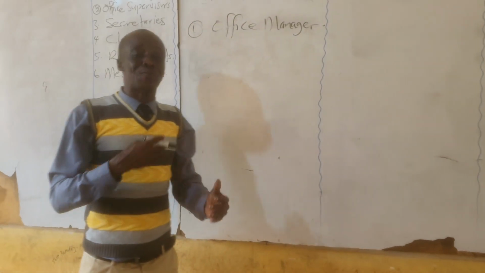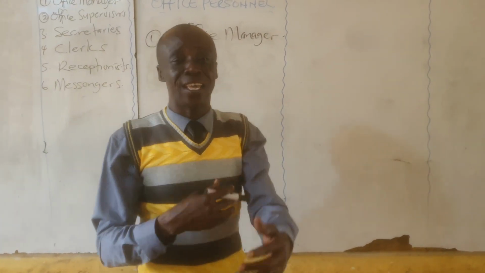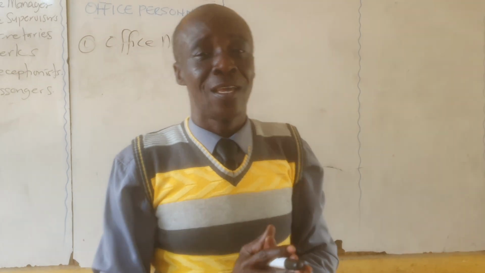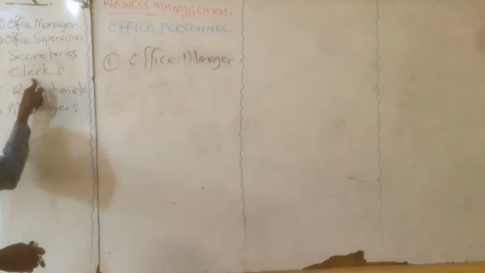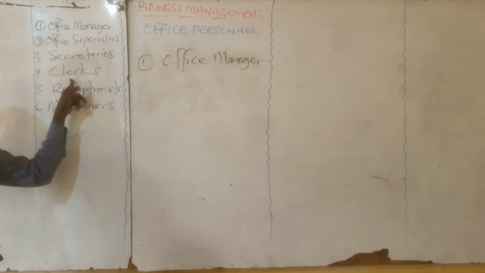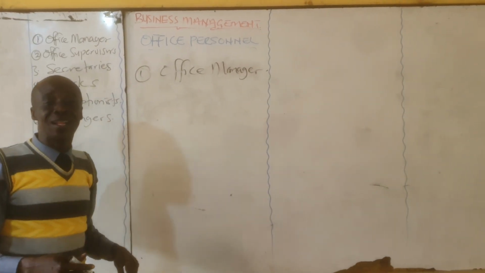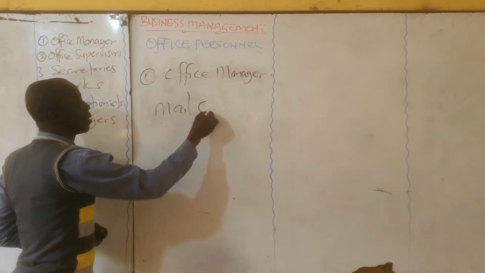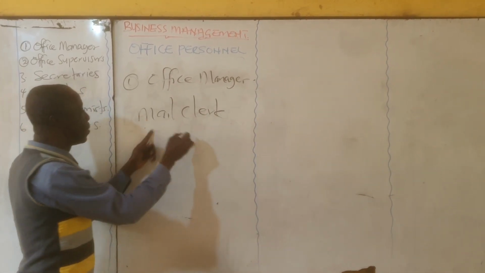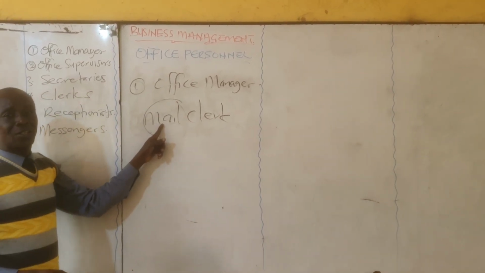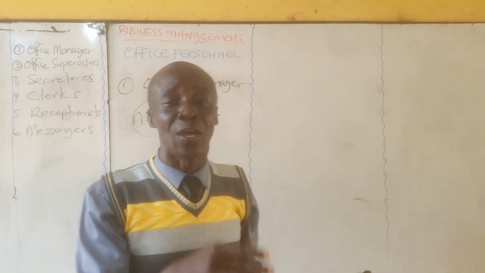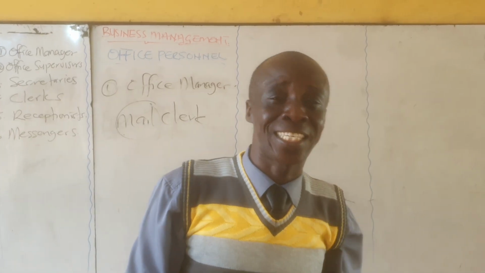Now, she was mentioning some personnel who work in that particular office. And we'll be looking at clerks. For example, she said mail clerk. So, when you come to the school, who goes to the post office to post letters?